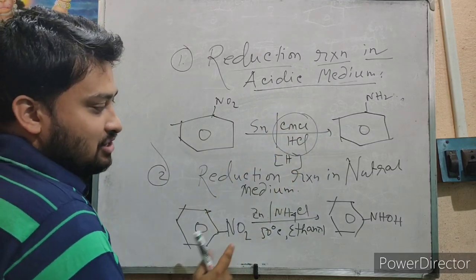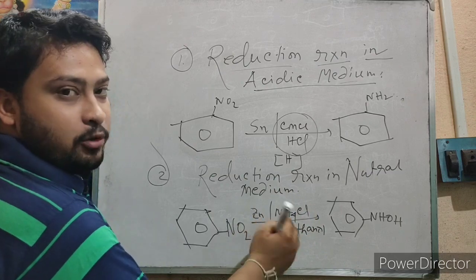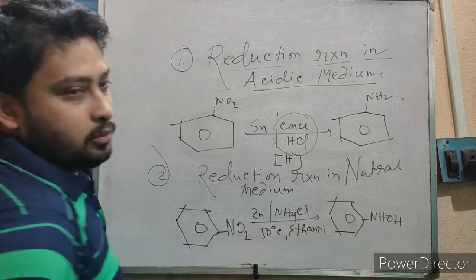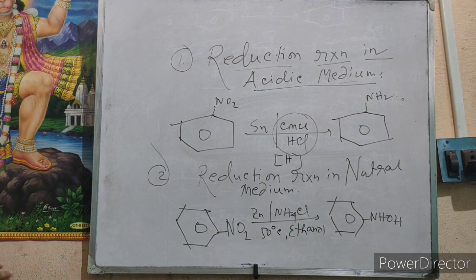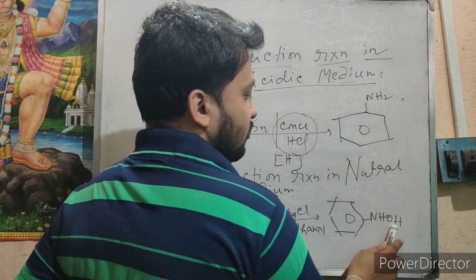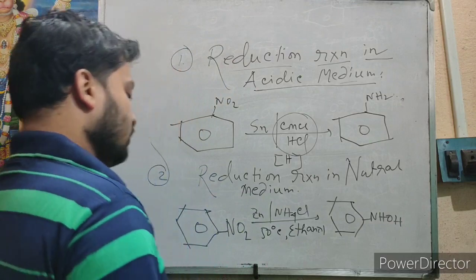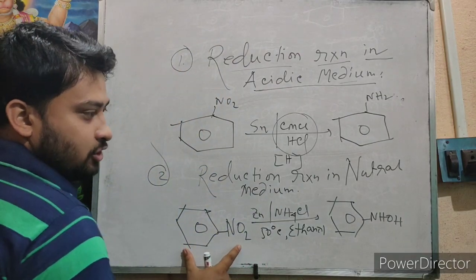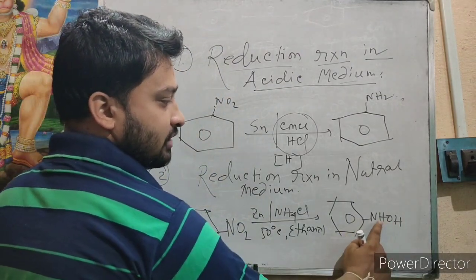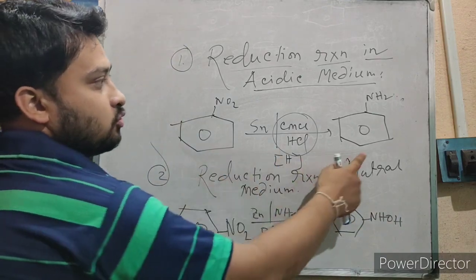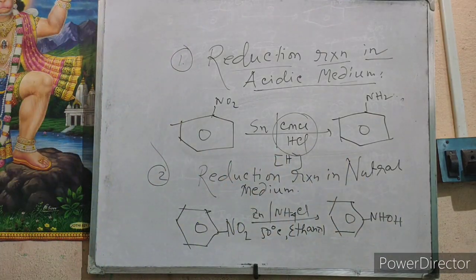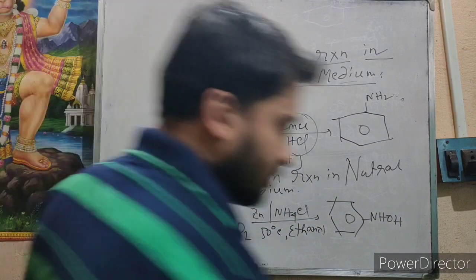Then you have nitrobenzene and you use Zn and ammonium chloride, you get this product. This is phenyl hydroxylamine. So nitrobenzene to phenyl hydroxylamine and nitrobenzene to aniline. First process, second process.